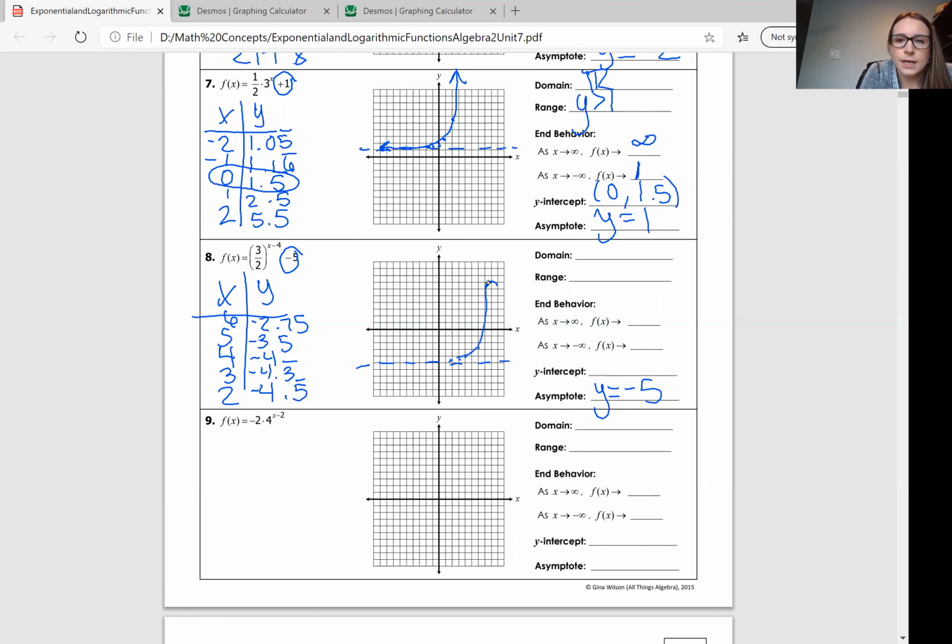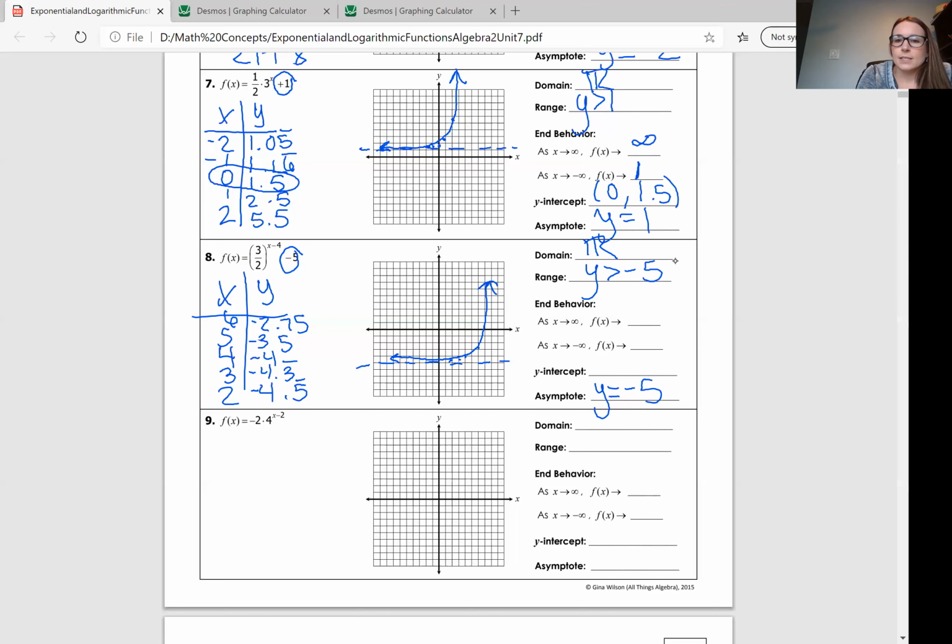So again, I'm surprised I haven't said it yet. Usually I say this a lot. Make sure you have arrows on both ends. Now, domain, range. Domain, all reals, okay? Range, what are all of your y values above? Well, they're above the asymptote, which is negative 5. So y is greater than negative 5.